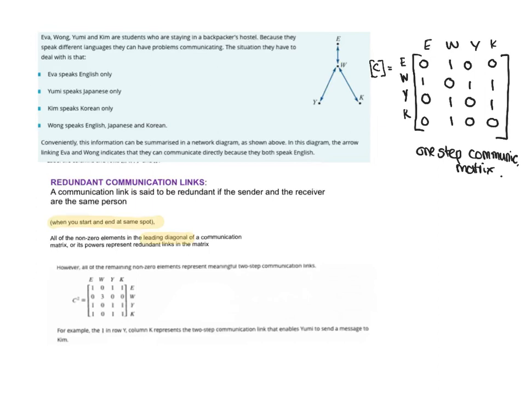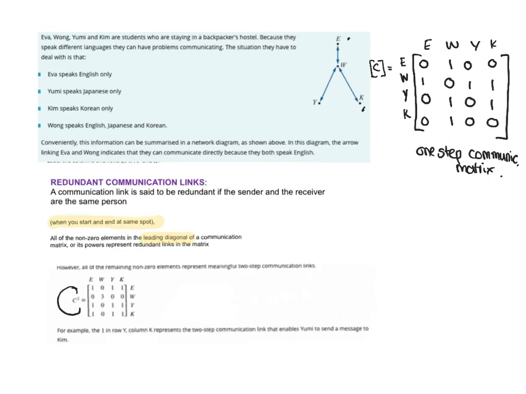If we want the 2 steps, so if we wanted to know how many options there are to get a message from Eva to Kimmy, that would be 2 steps, because she's got to go to Wong and then Wong will go to Kimmy. I can get that 2-step by squaring it, and they've done that down here.